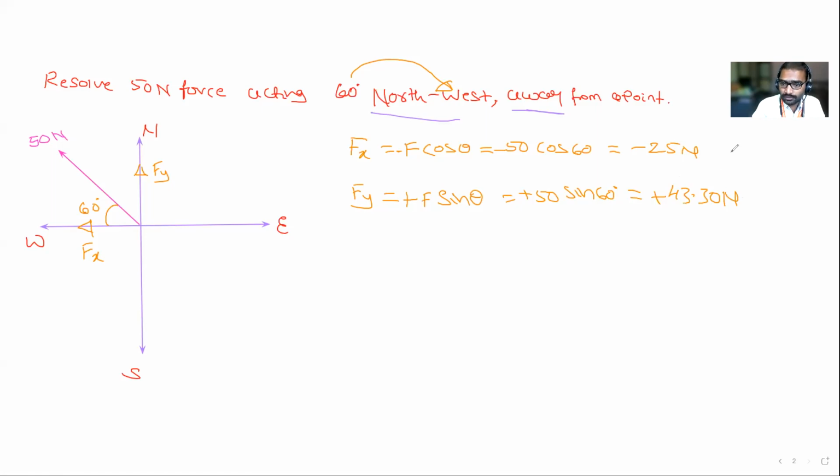You can write plus or minus, or if you don't write plus or minus, you have to show the direction with an arrow. I will write it as only 25 Newton. Now this 25 Newton is moving along the right direction or left direction? Minus means left direction. You have to write it inside the bracket, left direction.